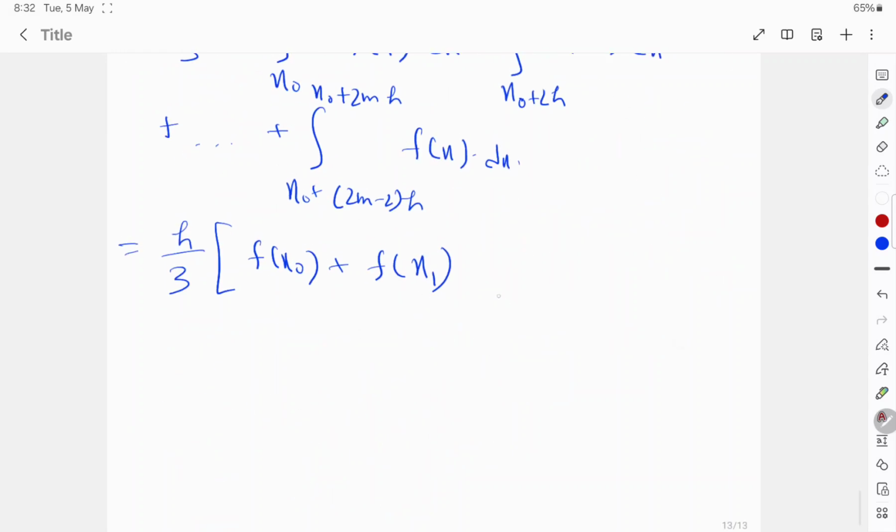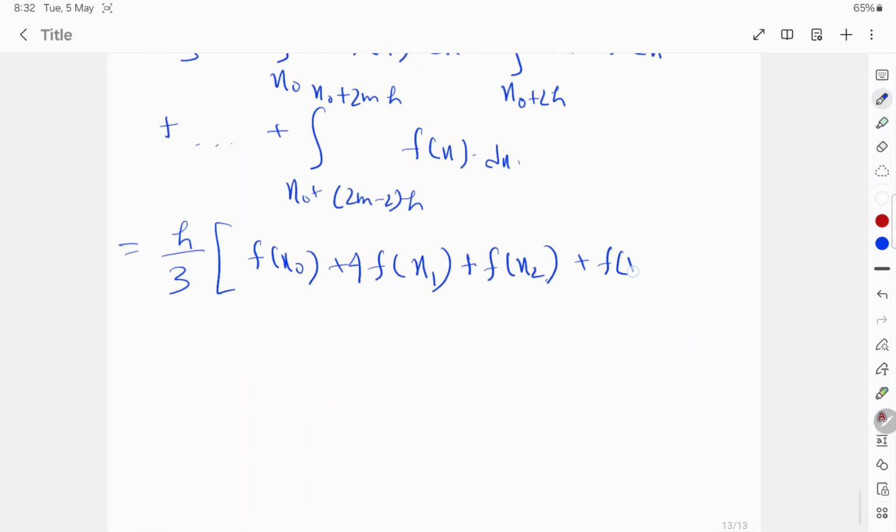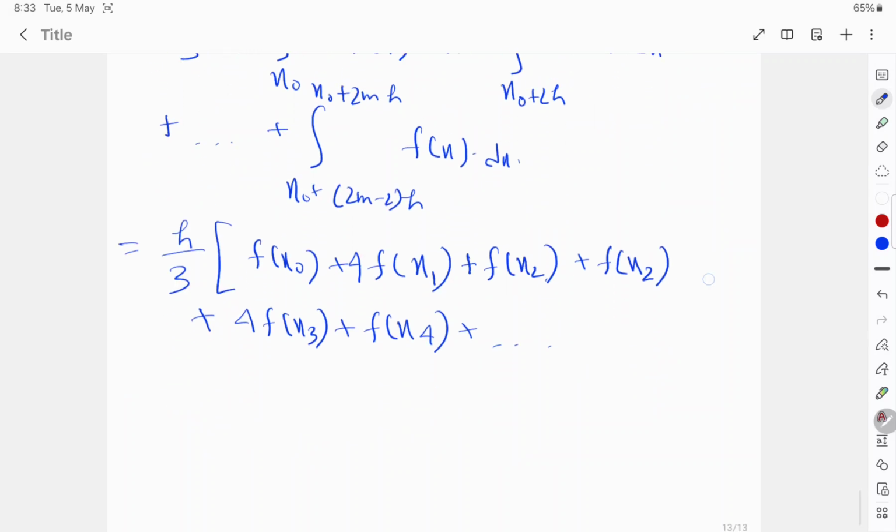Similarly for the next one, this will be f of x2 plus 4 f of x3 plus f of x4. For the next one, from x4 to x6, it will be f of x4 plus 4 f of x5 plus f of x6, in this way.